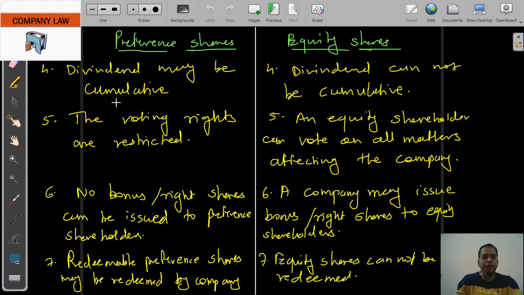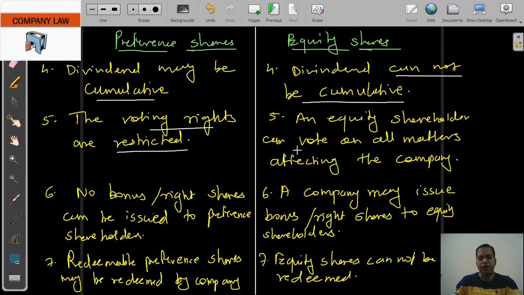It may be cumulative in nature, but equity cannot be cumulative. I explained this particular point very well. The voting rights are restricted, but here they can vote on all matters. One of the biggest benefits available. No bonus and right shares, and in here, yes, they can enjoy the right of bonus and right shares. Whether shares can be redeemed?